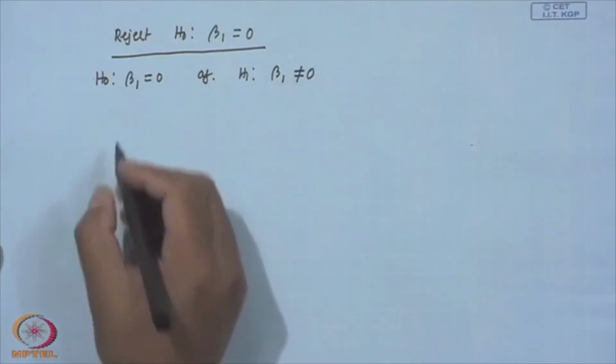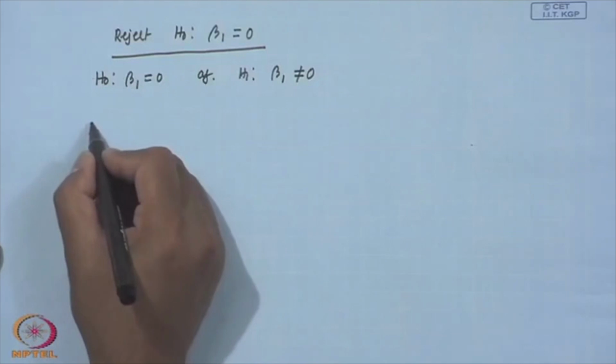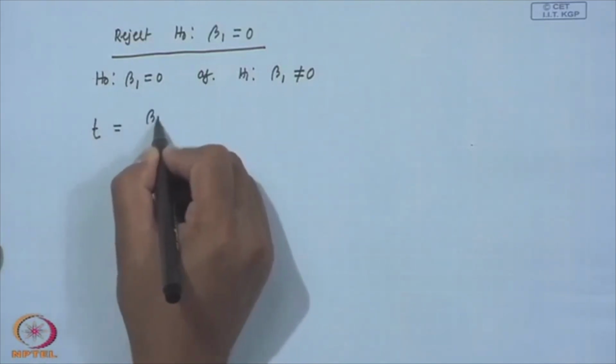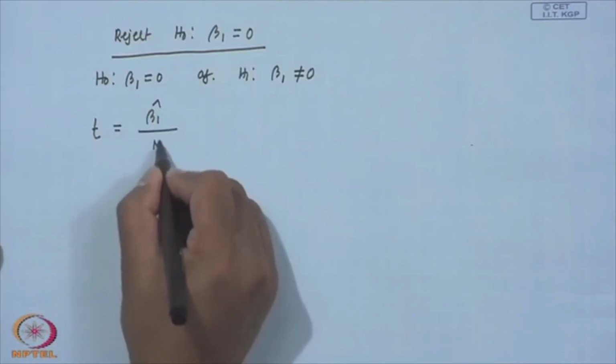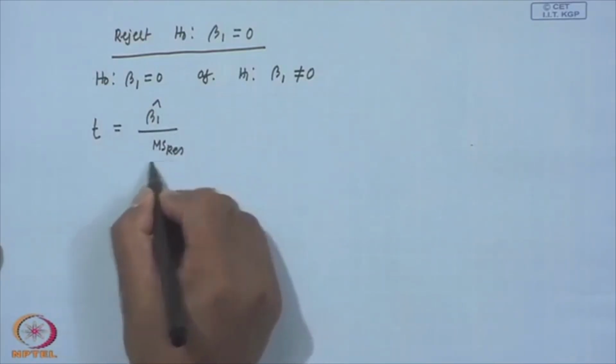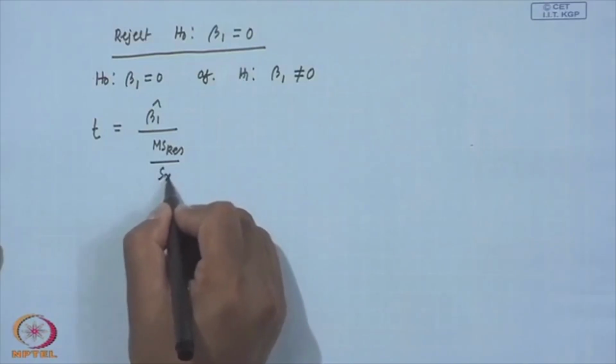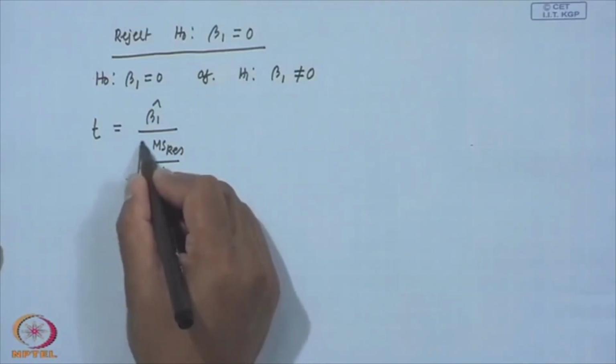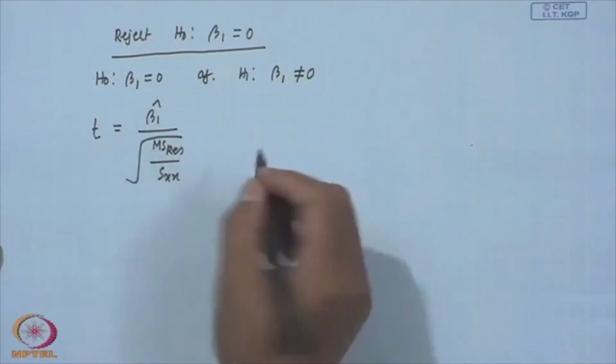This can be tested also using the t statistic, that is t equal to beta 1 hat by square root of MS residual by S x x. I hope you know all these things.